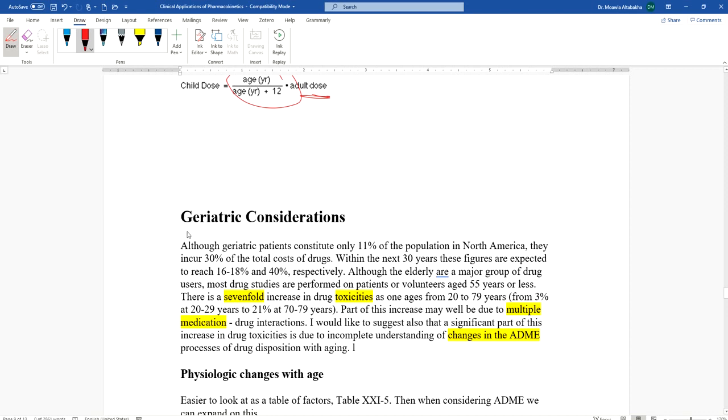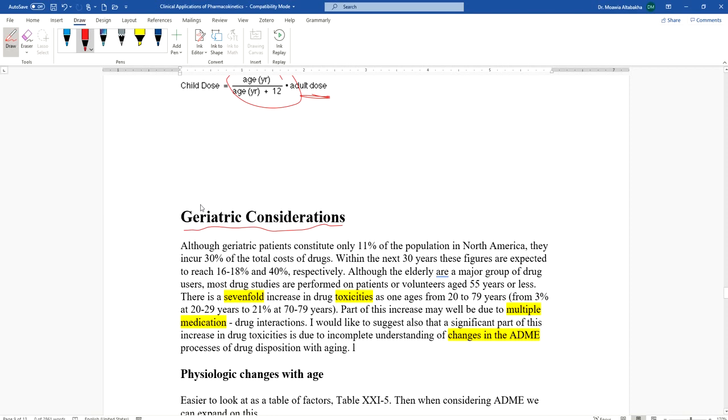The geriatric consideration, which we will talk about now, is very important, especially since we are seeing an increase in the proportion of the geriatric population. The age is increasing because of better hospitals, better medicine, better care.